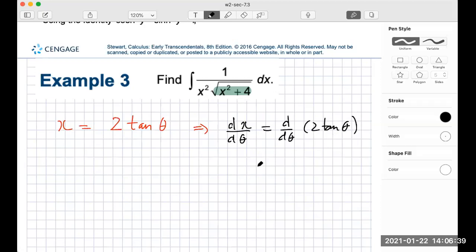The derivative of the right hand side gives us secant square, right? Therefore, the relation between these two will be dx is 2 secant square theta d theta.